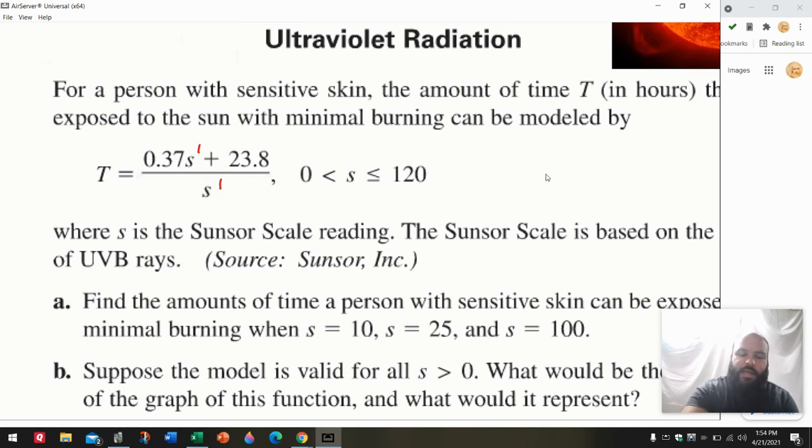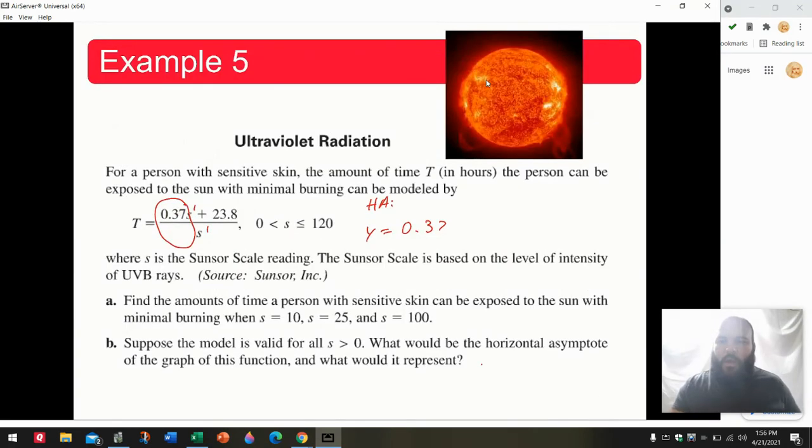When the powers are the same, you divide the lead coefficients. The lead coefficients here are 0.37 and 1. So our horizontal asymptote is going to be y equals 0.37.